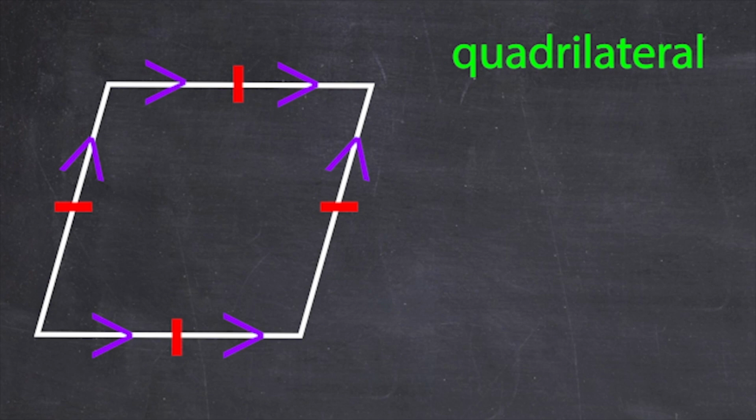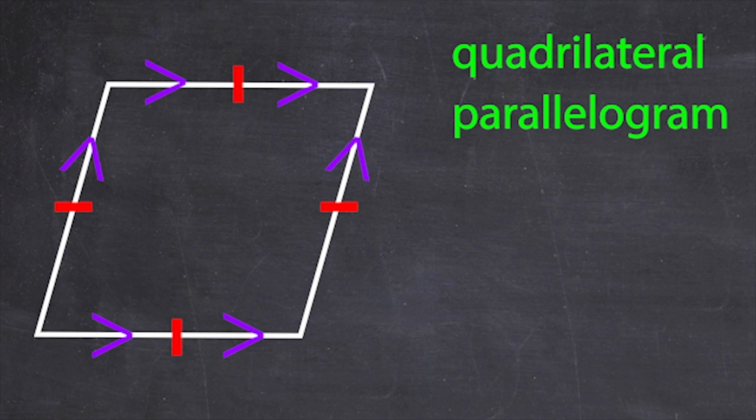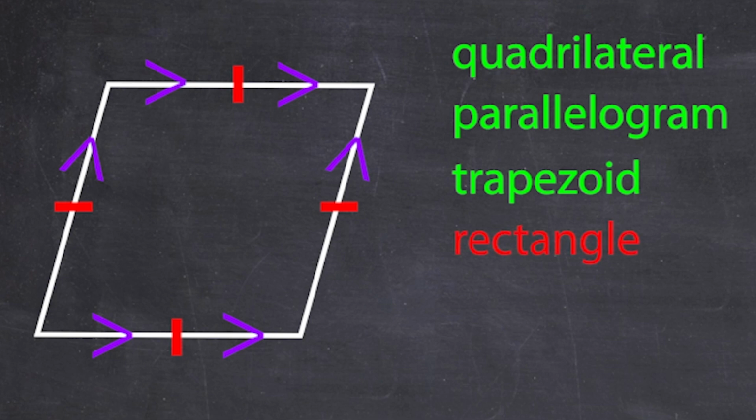So, we know we definitely have a parallelogram, which also makes it a trapezoid. None of the angles inside the shape are 90 degrees, so we don't have a rectangle. If you were to grab a ruler, you would notice that every side has exactly the same length. So, the shape is a rhombus as well.